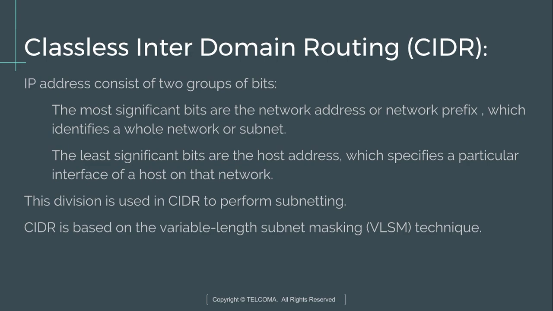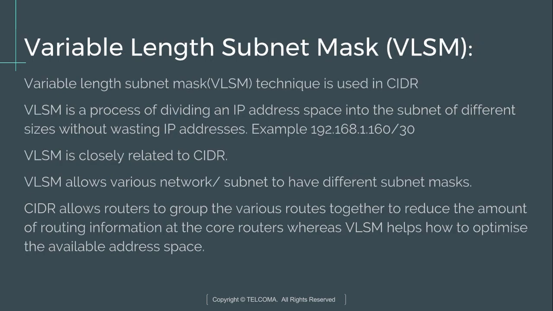The most significant bits are the network bits, used to identify the type of network or subnetwork, whereas the least significant bits are the host bits, and they are used to specify how many devices or IPs there are in one subnetwork. This division is used in CIDR to perform subnetting, and CIDR is based upon the variable length subnet mask, VLSM, technique. So let's first discuss VLSM.